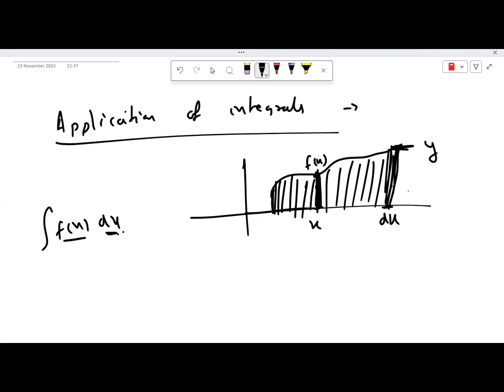Area of rectangle is length into breadth. So y dx. Now if I add this area plus this area plus this area, every area, then I'll get the whole area from a to b. So this is how definite integration gives you area under curve.